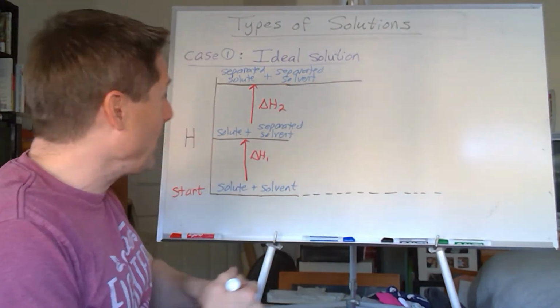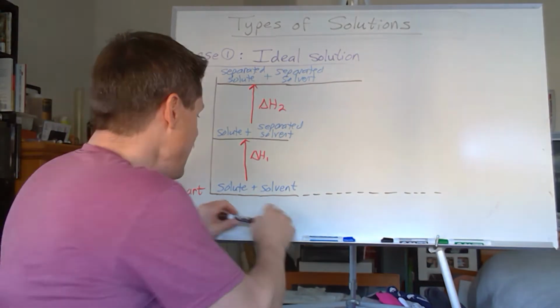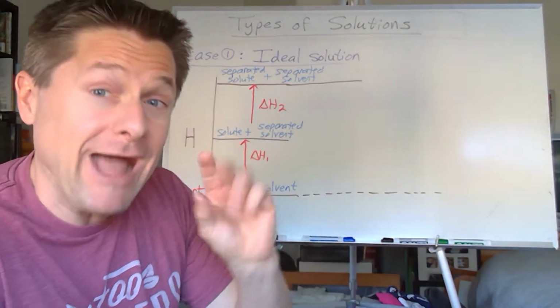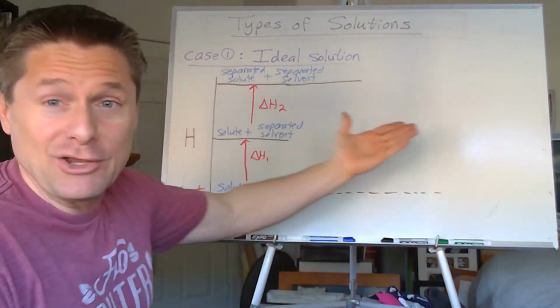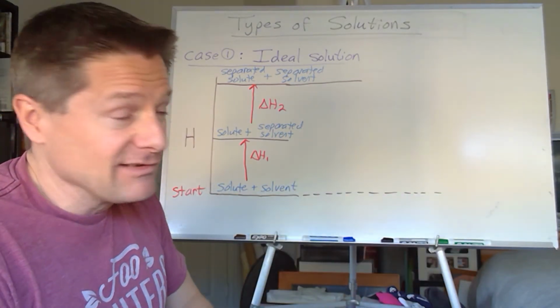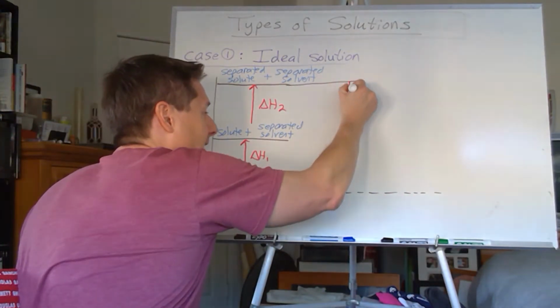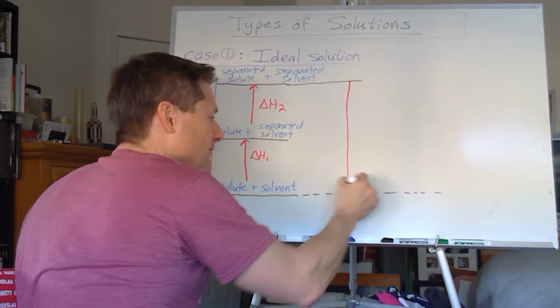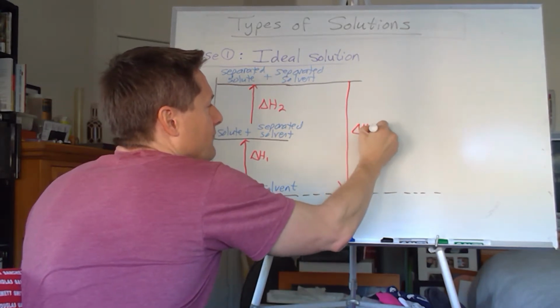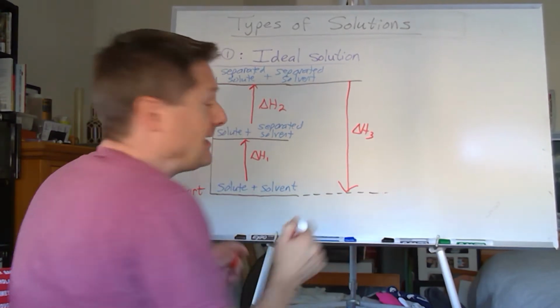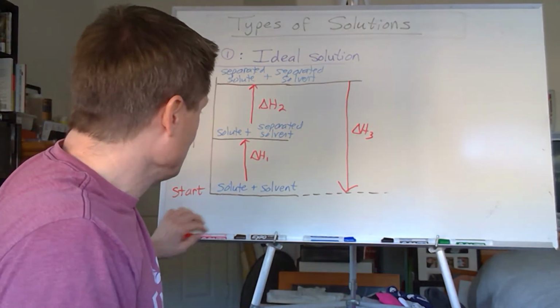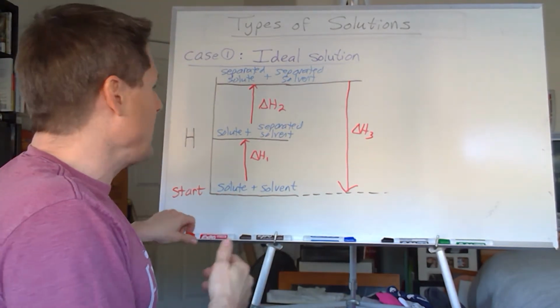So once they're separated, we can go downhill. But what's interesting for an ideal solution, remember, the solute thinks the solvent is itself, so the energetics completely cancel out, and you end up where you started. So let's look at the overall energetics.